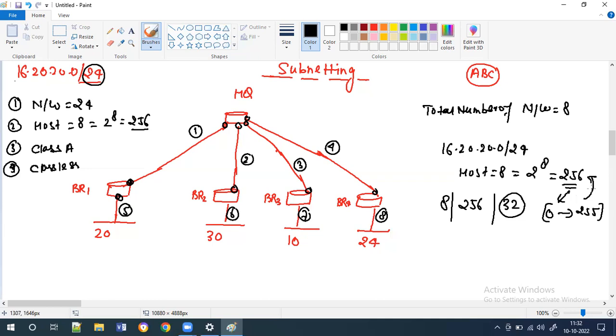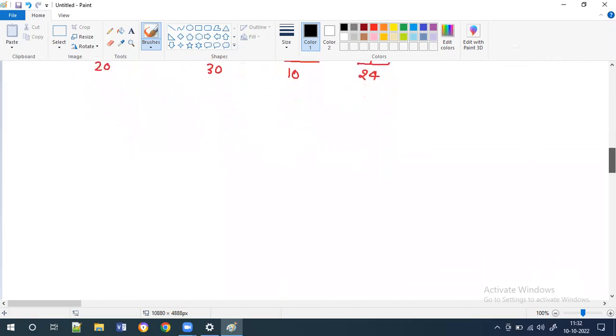So let's write it down. The actual IP address is 16.20.20.0/24. It starts at 16.20.20.0. The difference is 32, right?